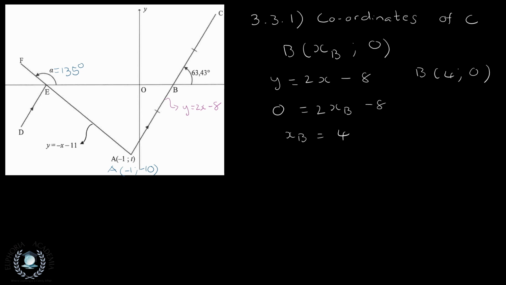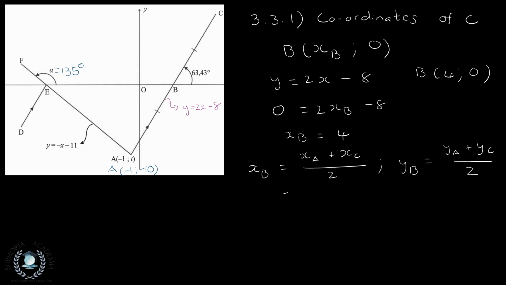Now that we have the coordinates of the midpoint, we can find the coordinates of C using the midpoint theorem. How we do that, we're going to say xb is equal to xa, which is the x coordinate of A, plus the x coordinate of C, divided by 2, and then yb, being the y coordinate of B, is equal to ya plus yc divided by 2.